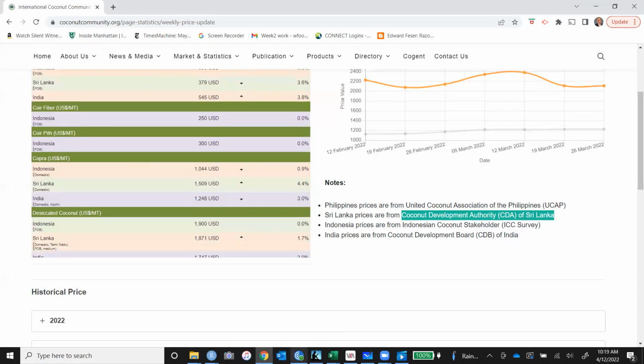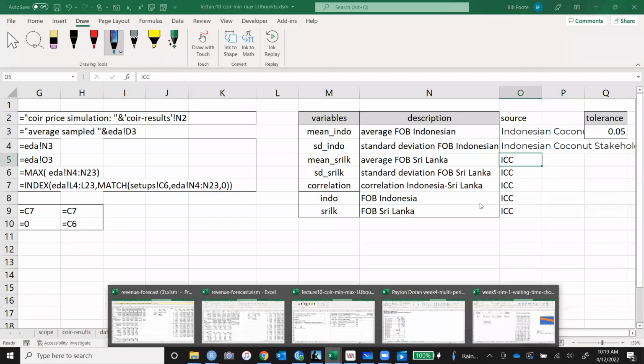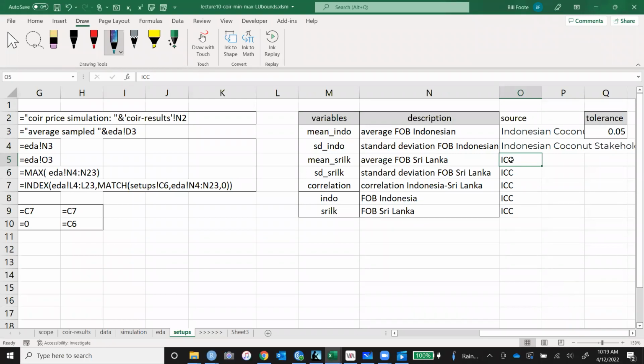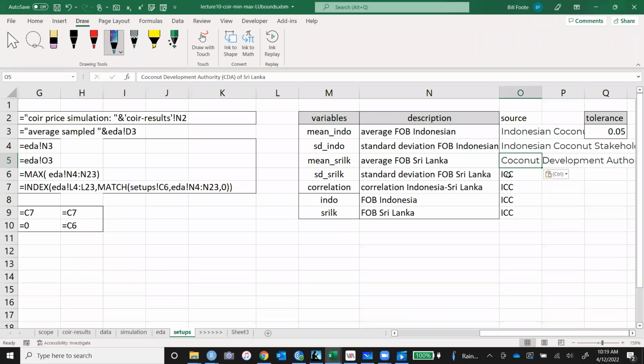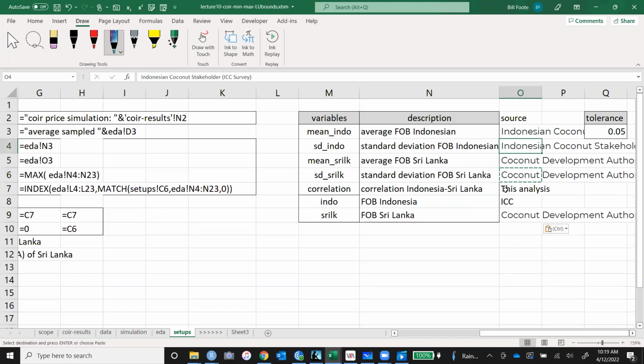So be a procurement officer. Pop this in here. And the source for the correlation, of course, is this analysis. There we go.